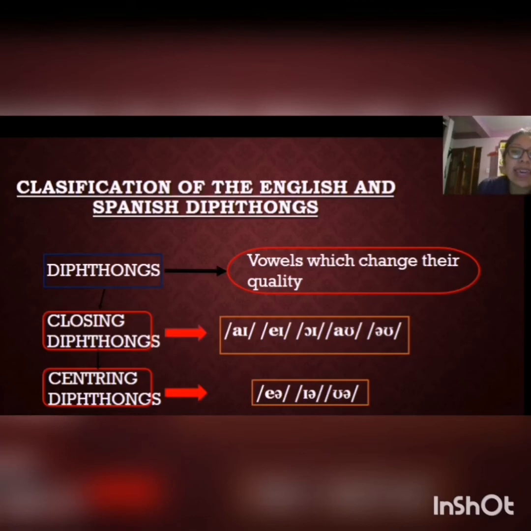English has 8 diphthongs, which are classified into closing and centring diphthongs, depending on the direction of the glide. So, closing diphthongs are the ones ending in I, U, and the centring diphthongs are the ones ending in schwa.